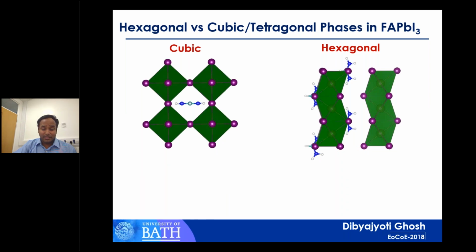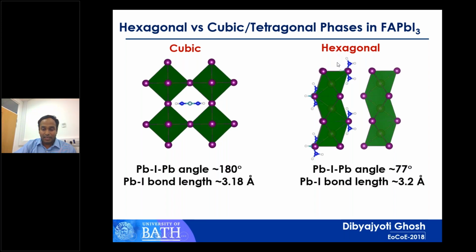So we tried to find why exactly this is happening, meaning why we have different phases with different energies. And we found that for cubic, as you can see, these are corner sharing, and for hexagonal this is a chain of lead, and the Pb-I-Pb angles are 180 degrees, whereas the Pb-I-Pb angles are 77 degrees in the hexagonal phase. But the bond length does not change much for these two phases.